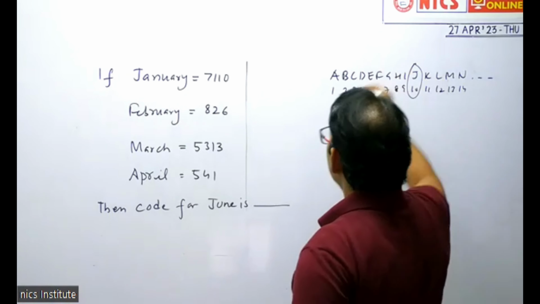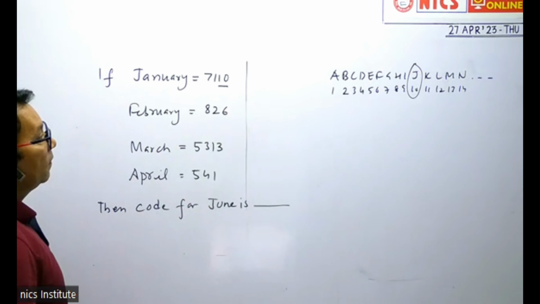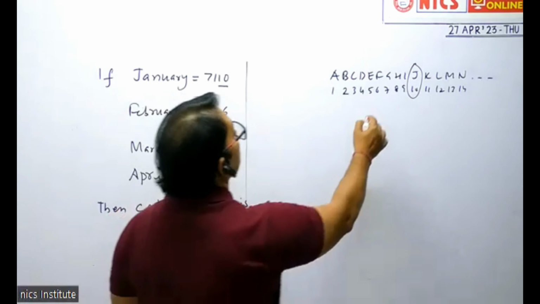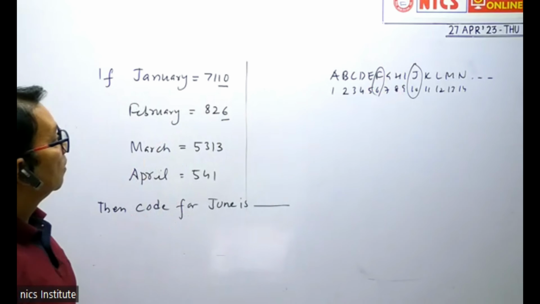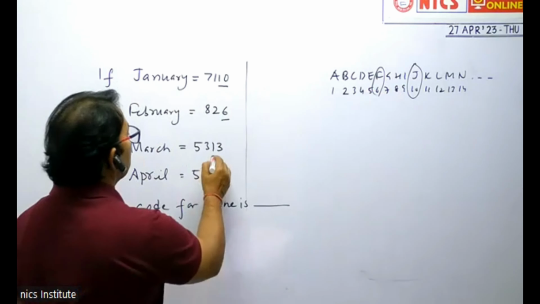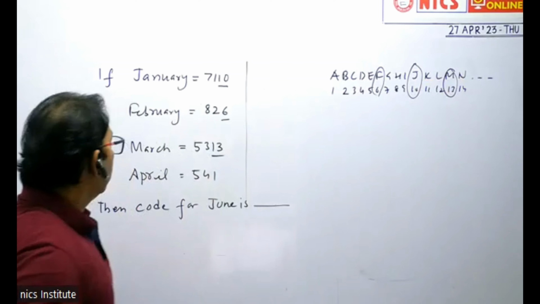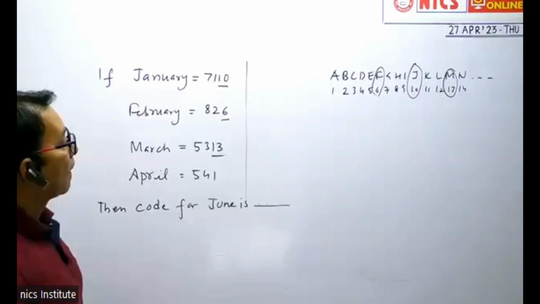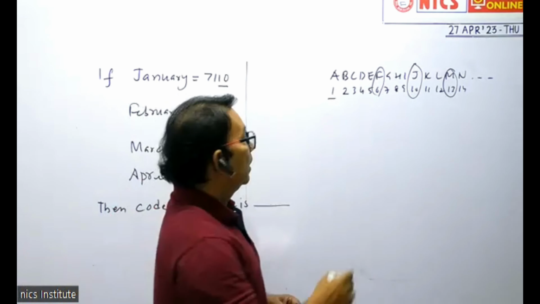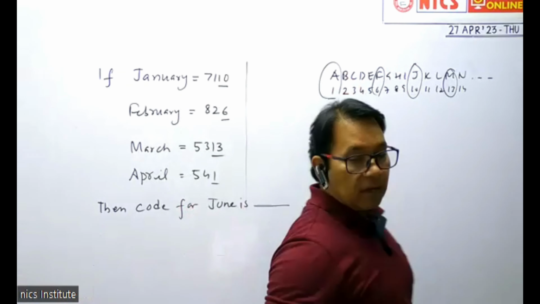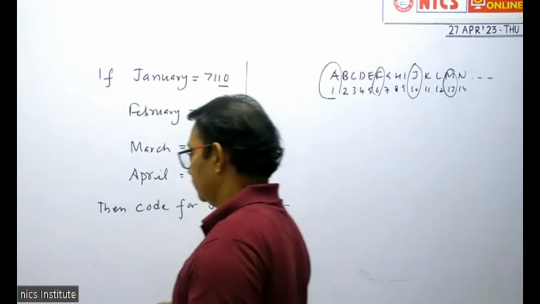K is 10, right? So the last digit is 10. February, what is F? F is 6. So the last digit 6. March, M is 13. M is 13. April, yes, A is 1. That means this has been decoded. The last digits basically stand for the first letter of the month.